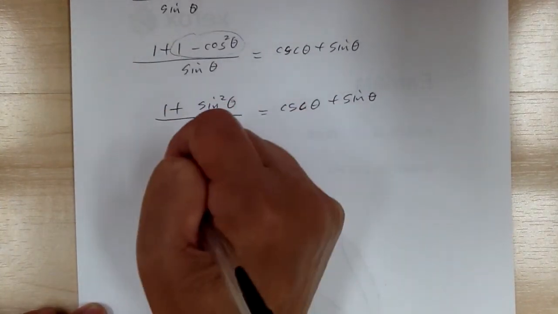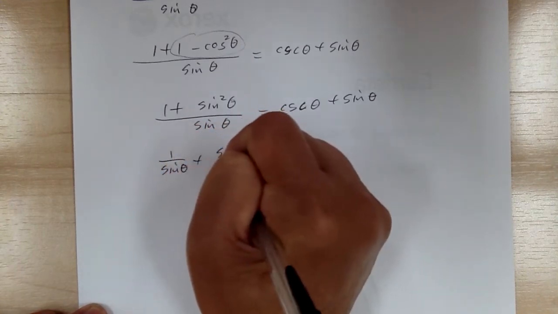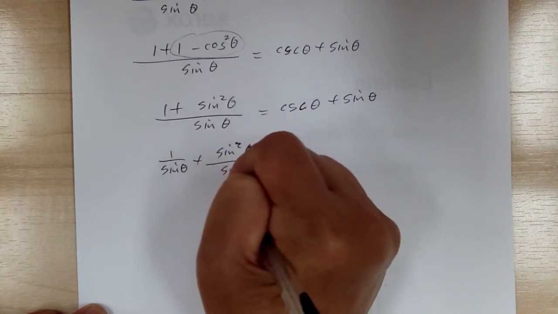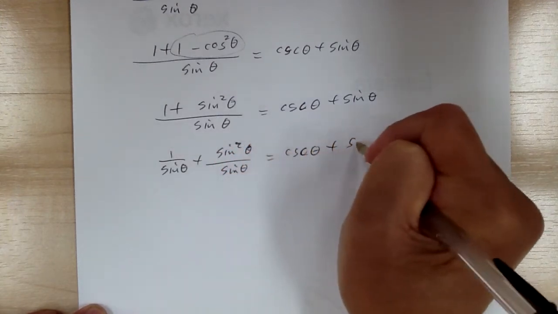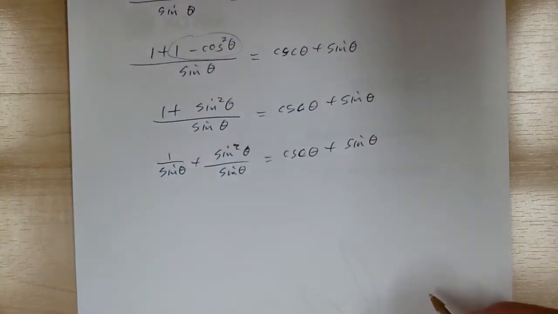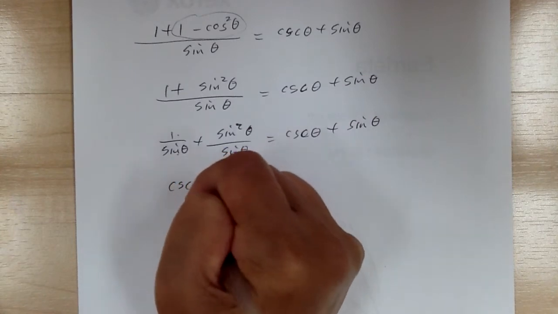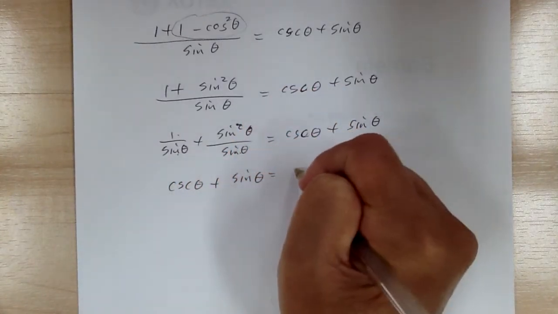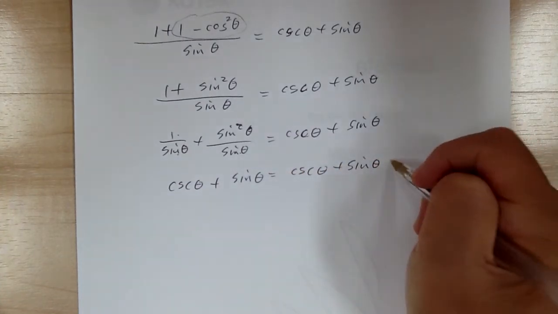So break into the 2 terms. Okay, and then 1 over sine gives you cosecant. Sine square over sine will give you sine. Okay, and that's it. Check.